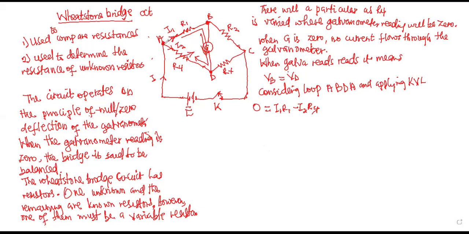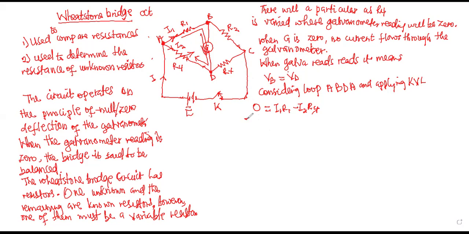We are taking the loop A, B, D, A. So when you go to the resistance R4, the direction of the loop is going against the direction of the current I2, and therefore, the PD must be negative. Are you okay? Yes, please. And I'm equating this to zero because there's no EMF here.